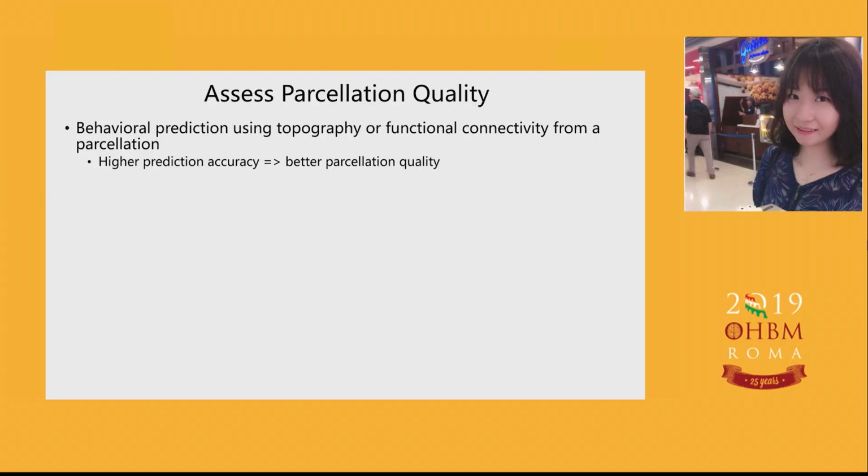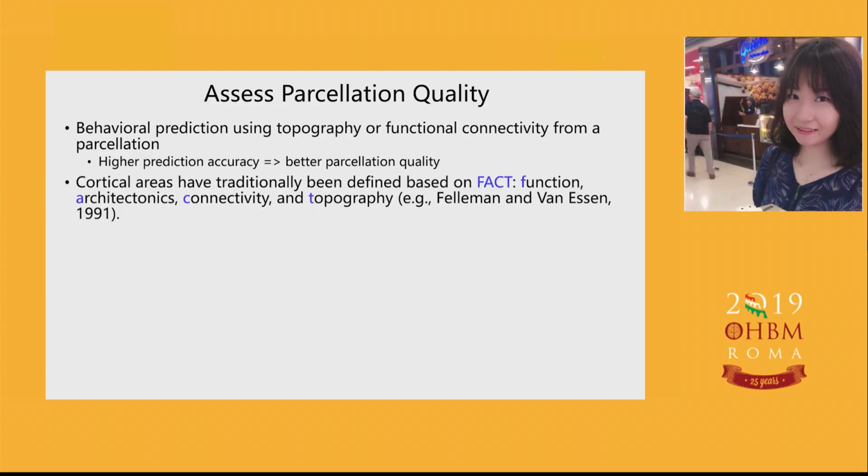So we can then use the behavior prediction as an indicator of the parcellation quality. Recall that the cortical areas have traditionally been defined based on function, architectonics, connectivity, and topography. Therefore, we can also use these criteria to assess the parcellation quality.